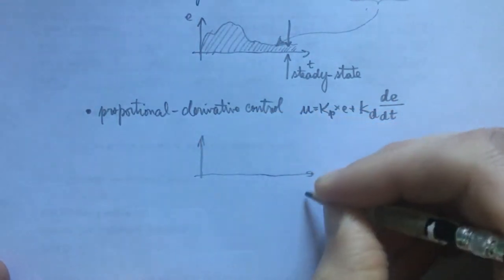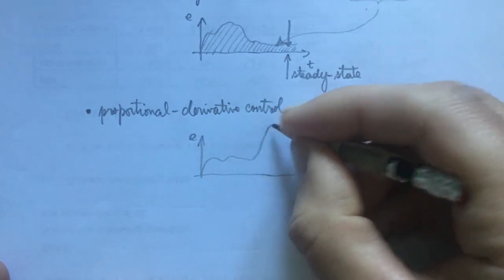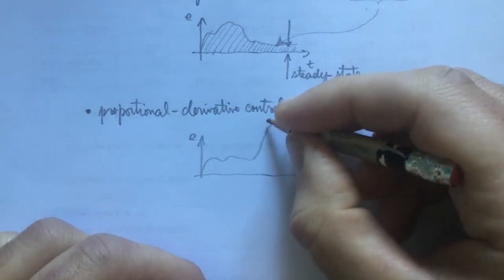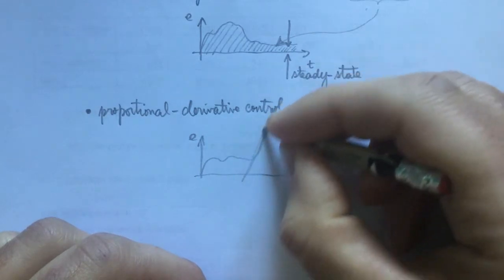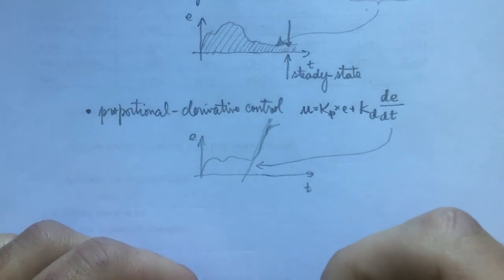Consequently, if the error has a sudden variation, thanks to this derivative, we will immediately detect it and try to correct it sooner.